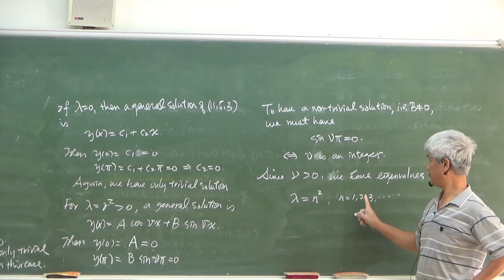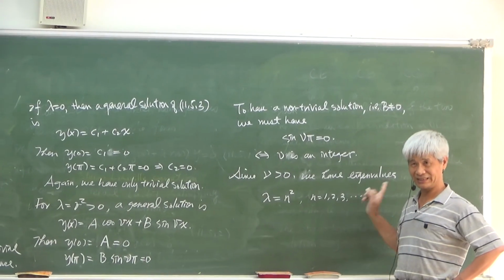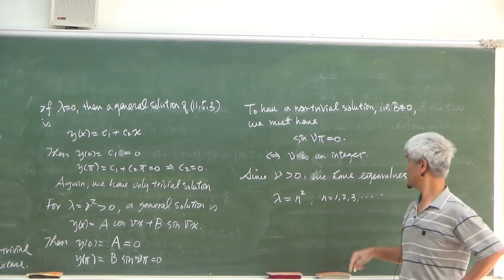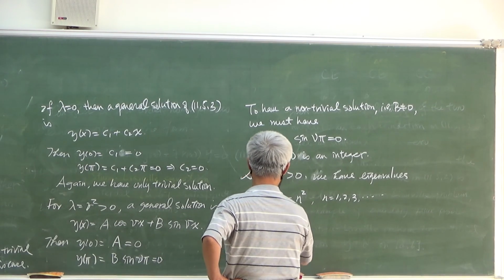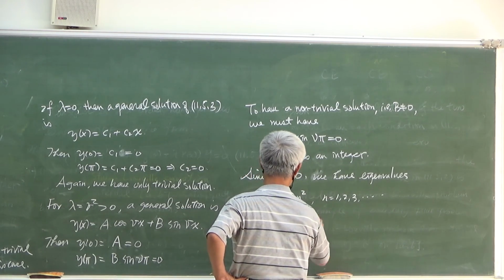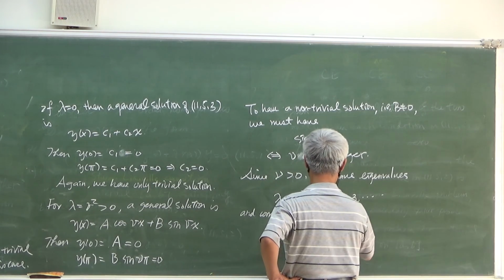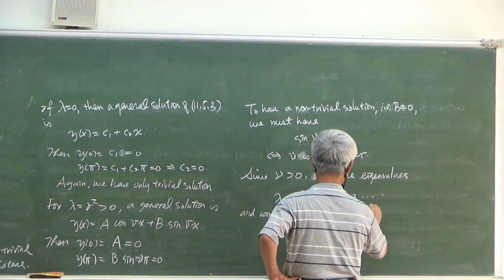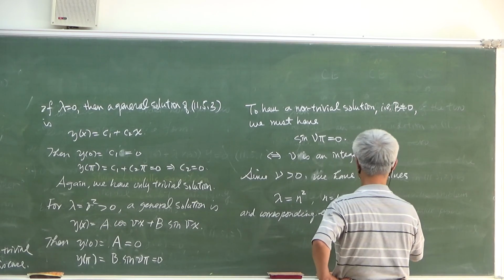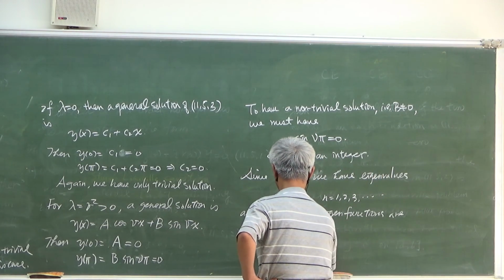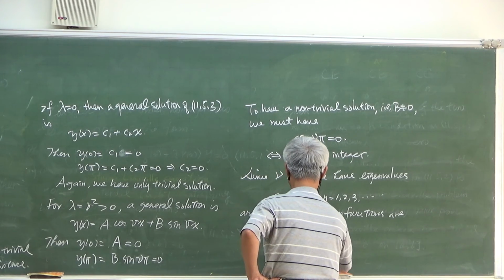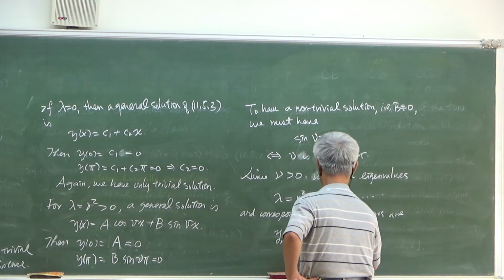So it's 1 and 4 and 9 and 16, etc. And the corresponding eigenfunctions are sine nx.